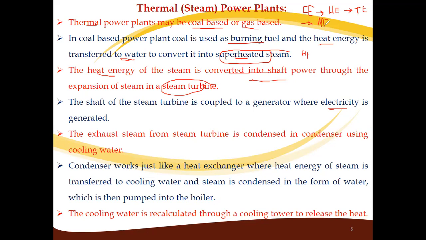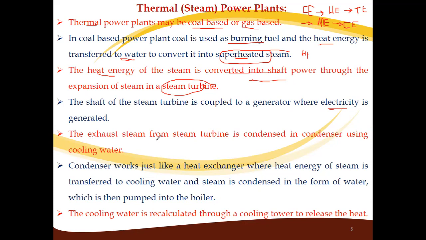The turbine is coupled to a generator, where we convert mechanical energy into electrical energy. In this way, we convert the chemical energy of coal into electrical energy, that is, electricity. Okay, so we cannot create energy, but we can convert one form of energy to another, so that we get either work or electricity.